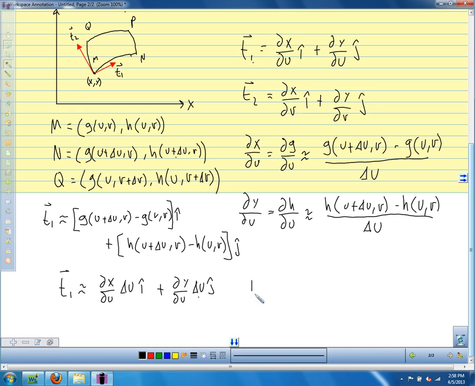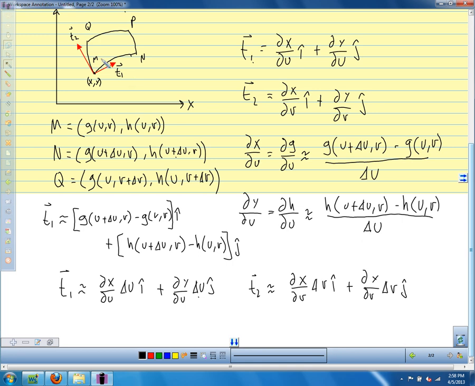So t2 is approximately, using a similar argument, dx dv delta v i hat plus dy dv delta v j hat. Well, those are our approximations for t1 and t2.